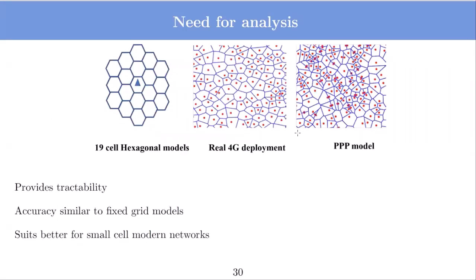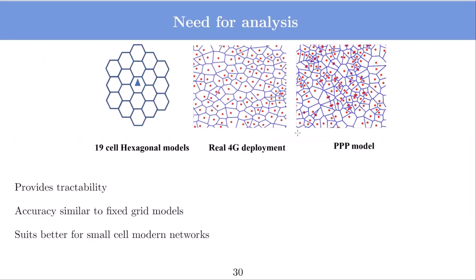Okay. Now, there is one more reason to use this, because sometimes people say, first of all, in stochastic geometry, we model the base stations as randomly located. And then some people argue that if you look at the conventional deployments, they are more planned. So how is this random geometry-based model valid for realistic scenarios?